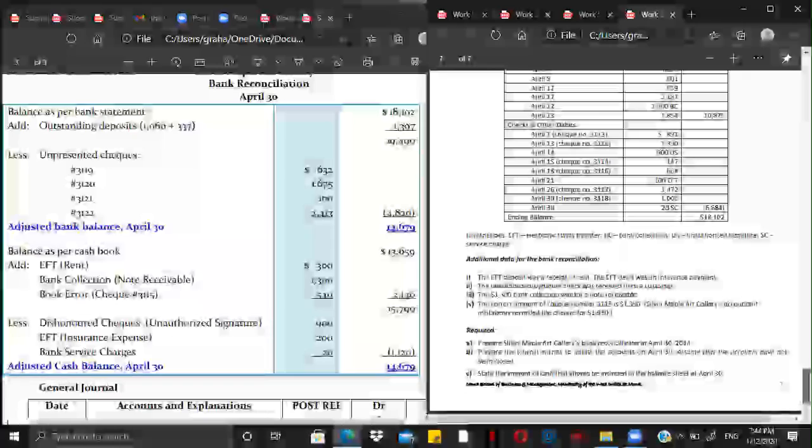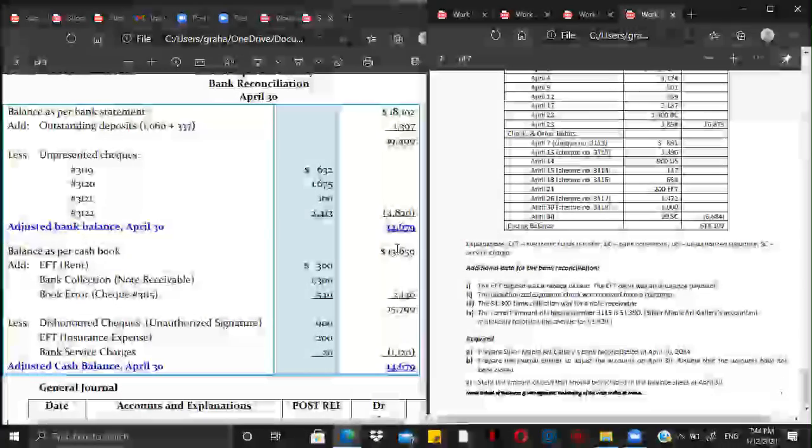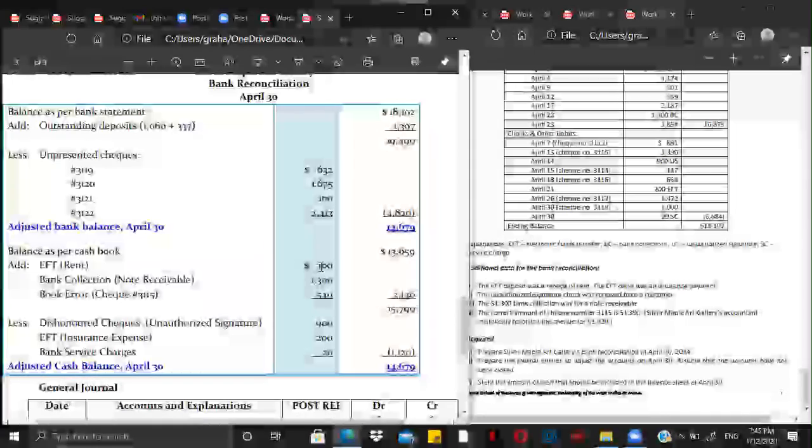And 337, neither am I seeing the 337. So there are two receipts that were accounted for in cash that are not a part of our bank statement. So basically, this is telling us that they recorded these and these did not show up on the bank statement as deposits, so they must have been outstanding.